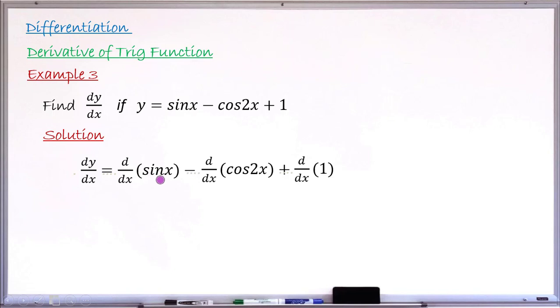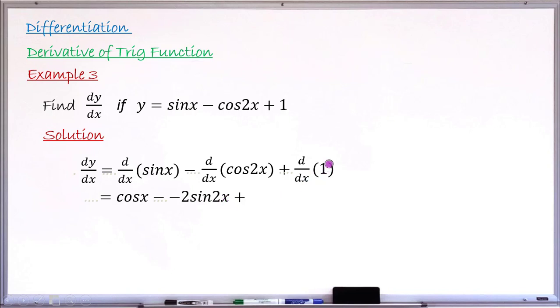So I'll continue. Derivative of sine x is nothing but cos x. Then derivative of cos ax, remember, is minus a sine ax. In this case, your a is 2. So we are going to have minus 2 sine 2x.